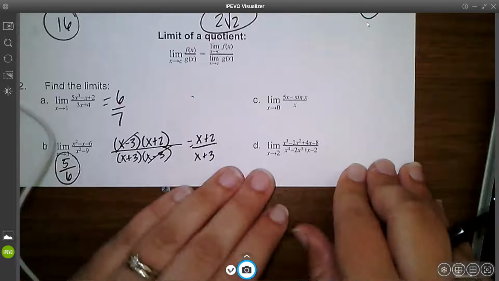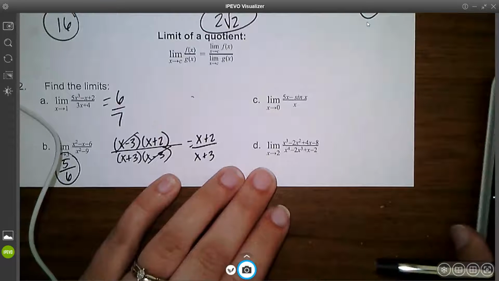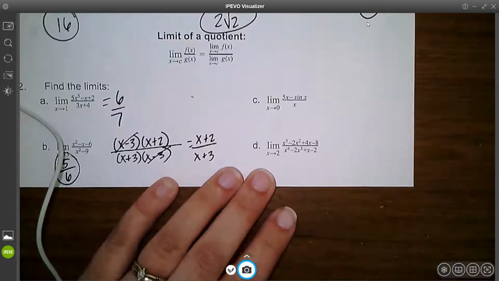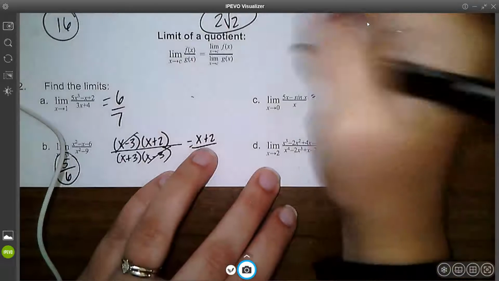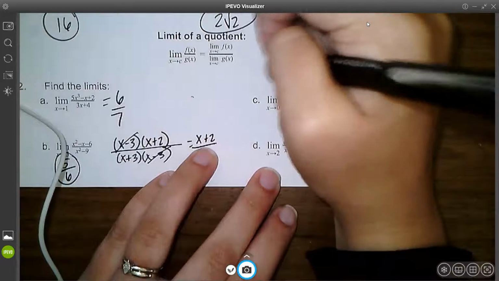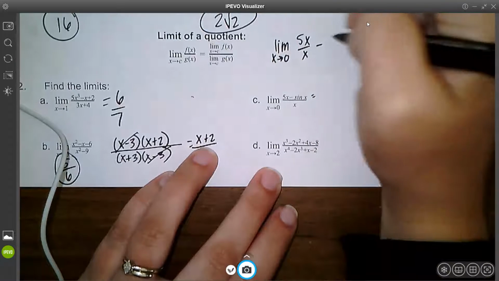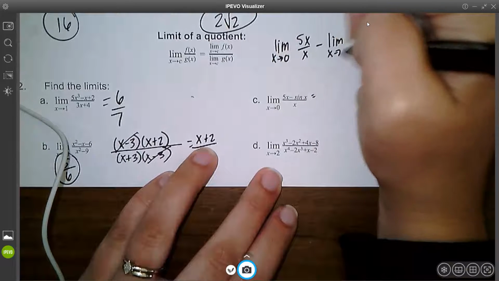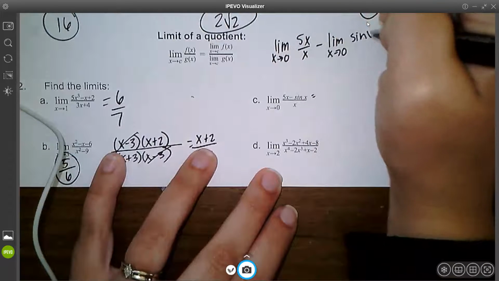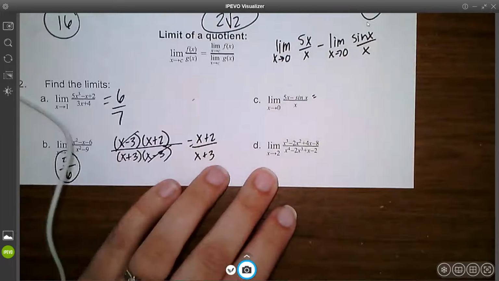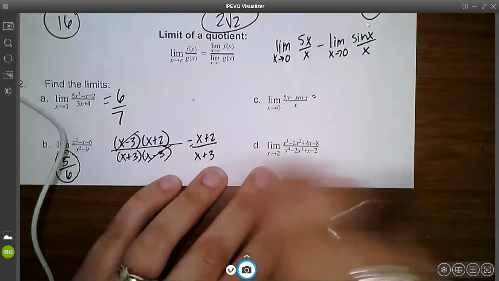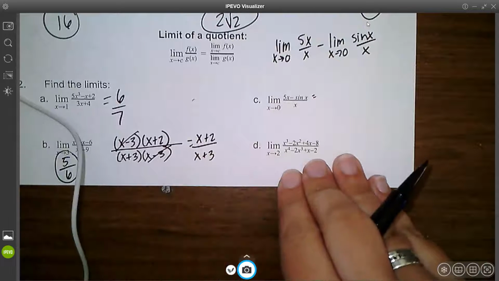Part C, this one we're going to split up a little bit. You can look at it in a table if you want to, but I just want to show you where the sum of the limits is actually helpful. This is equivalent to, I'm going to write it up here, the limit as x goes to 0 of 5x over x minus the limit as x goes to 0 of the sine of x over x. We did the sine of x over x earlier in our calculator.